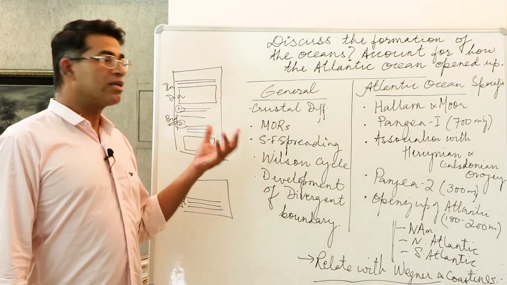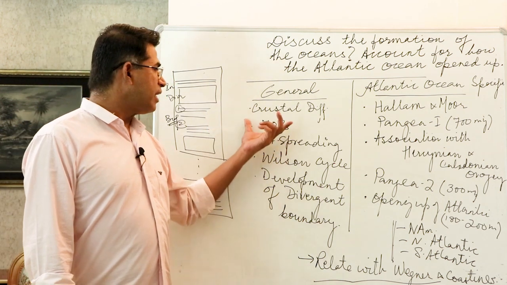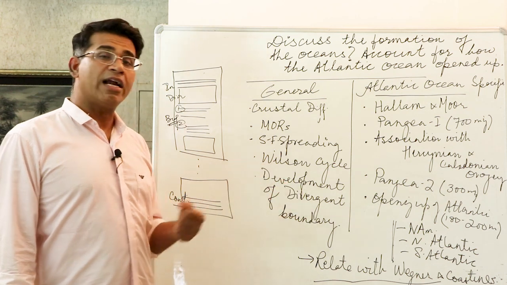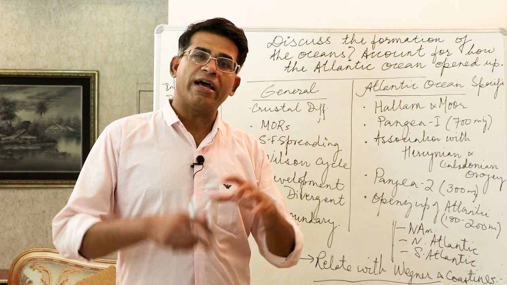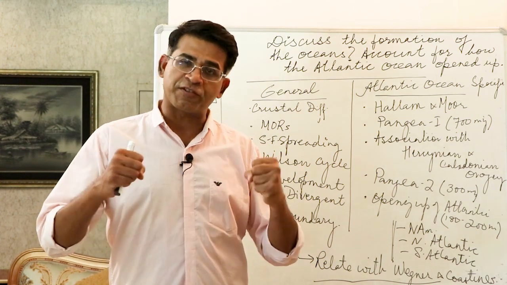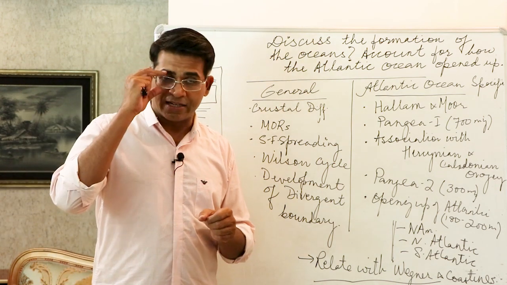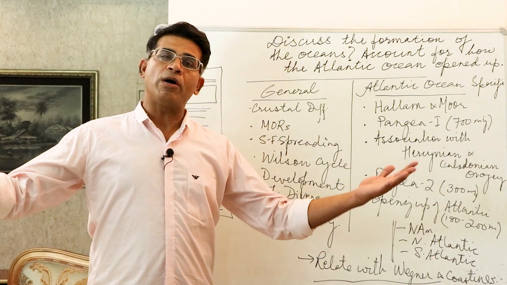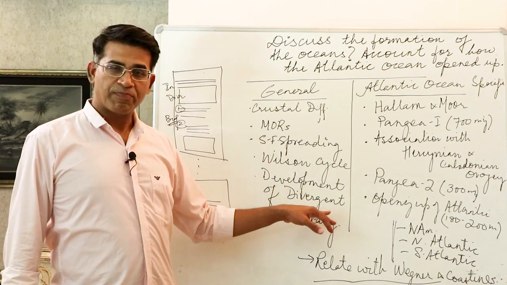Link this with concepts of mid-ocean ridge formation, the axial rift valley, and the seafloor spreading hypothesis. You understand how a divergent boundary develops: a continent stretches, thins, develops rifts, and ultimately fractures open, and we have a nascent sea like the Red Sea that opens up into a proper ocean.